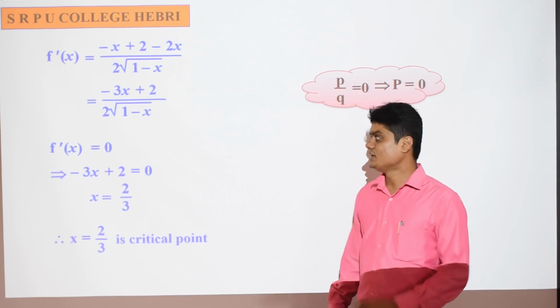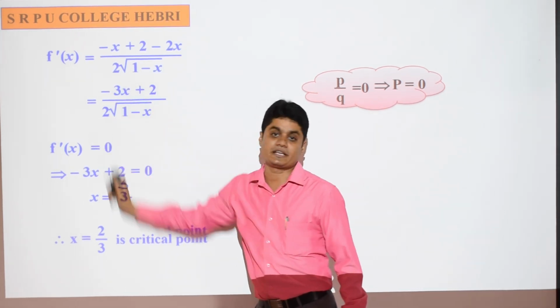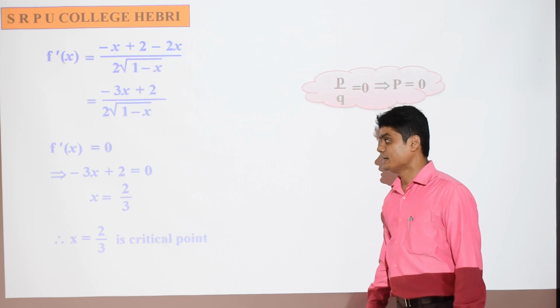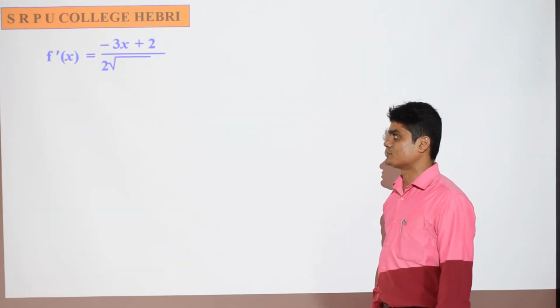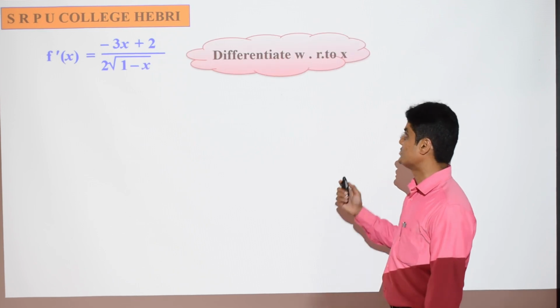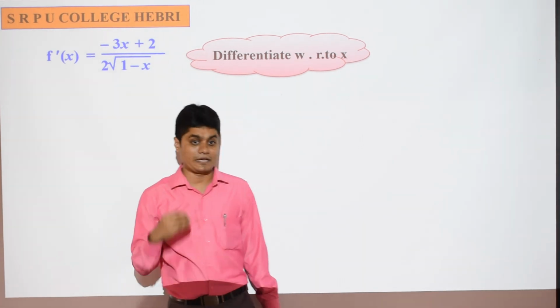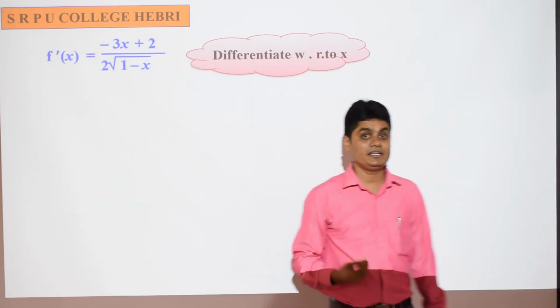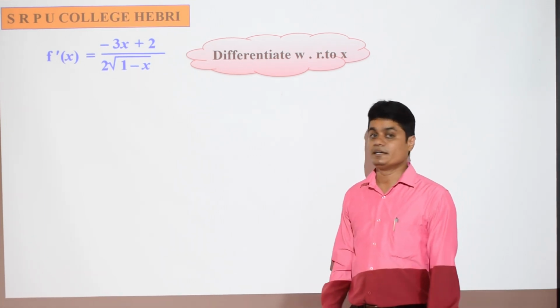Is it clear? So next, the function you have to differentiate again. So what is f dash of x? f dash of x is equal to minus 3x plus 2 by 2 times root of 1 minus x, and you have to differentiate again. You are going to differentiate this expression with respect to x using the quotient rule, because it is in the form of u by v. So use the quotient rule and differentiate.